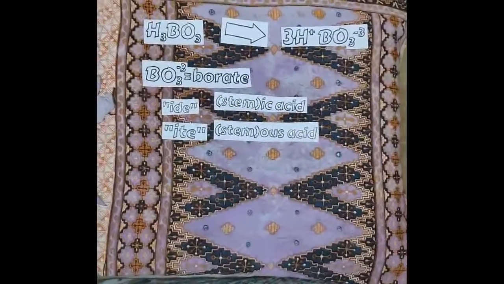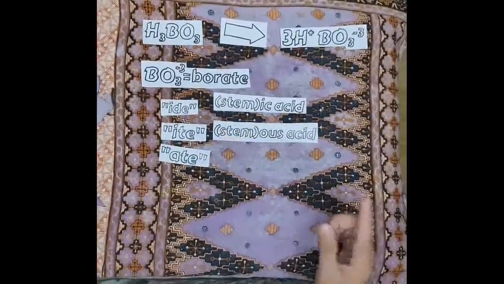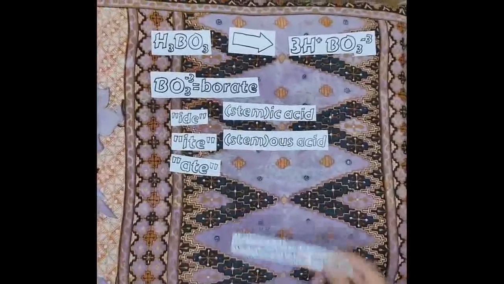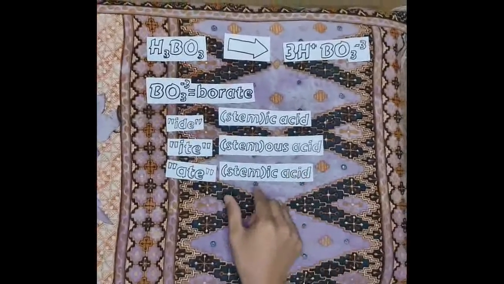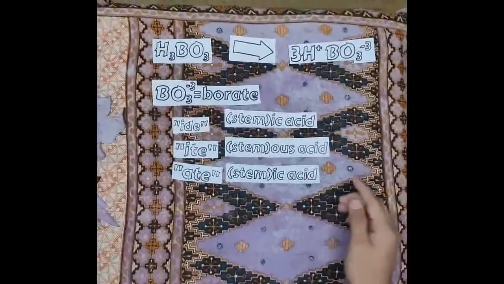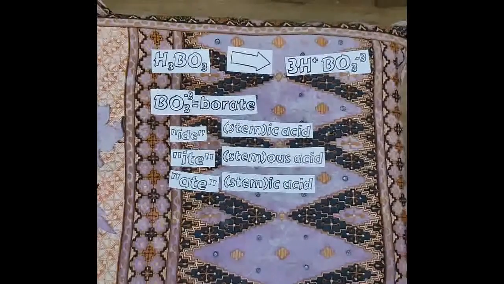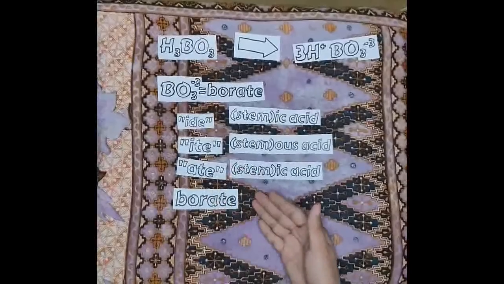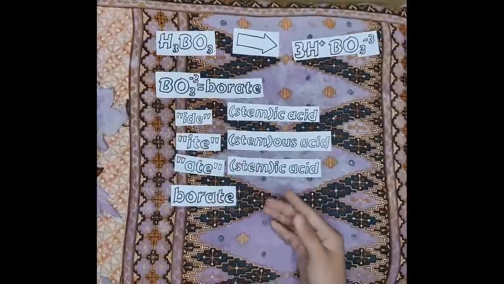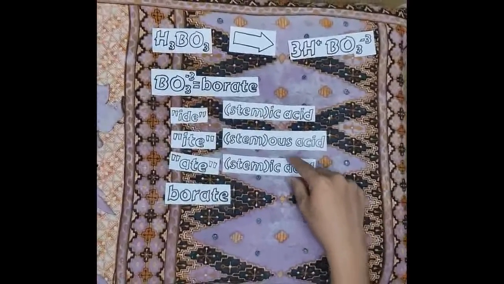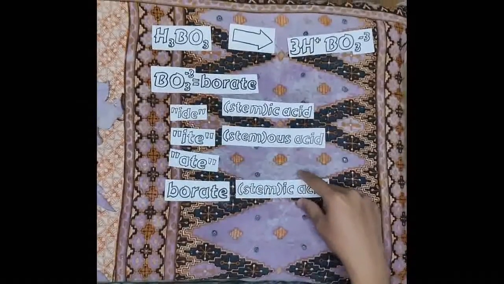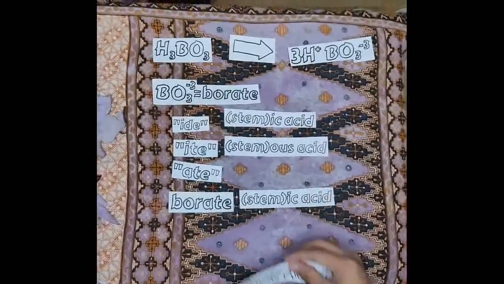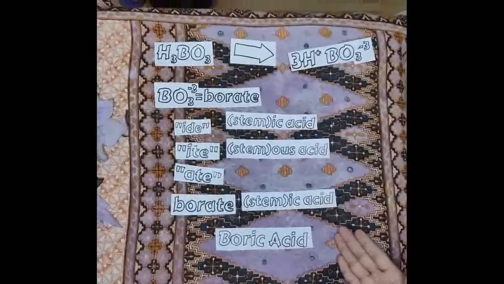And lastly, when it ends in "ate", it should be like this: the root word of the element, "ic", acid. Since our example is borate, which ends with "ate", we will use this one. Then the answer will be boric acid.